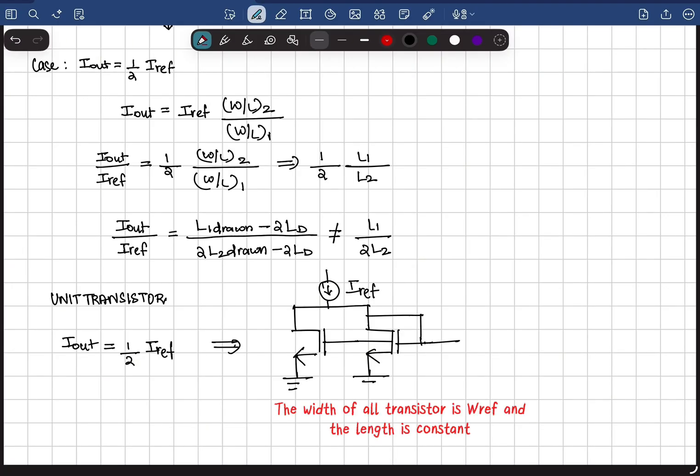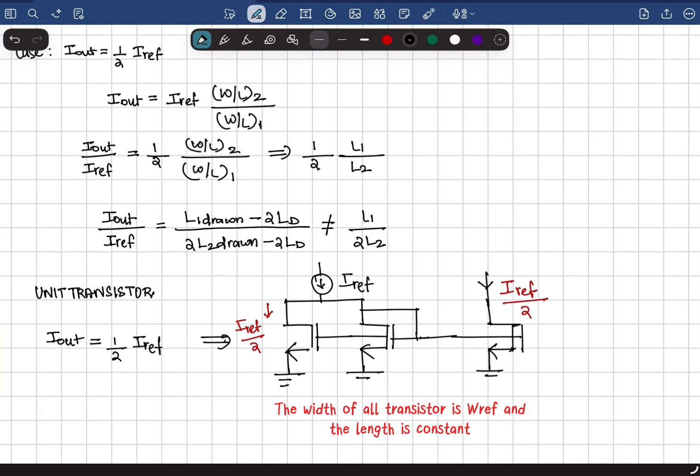Now each of these branches carries a current of IREF by 2. Now I can copy this to our output device, and this branch would have a current of IREF by 2. These transistors are called parallel transistors, and we can set this using a setting called multipliers in Cadence.